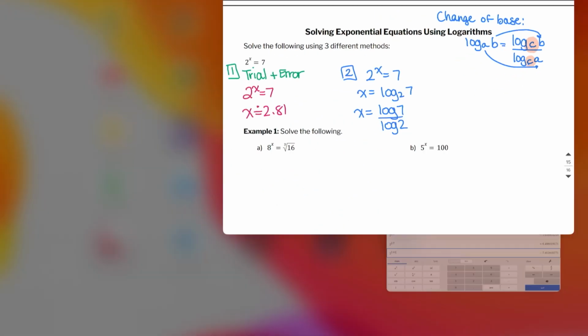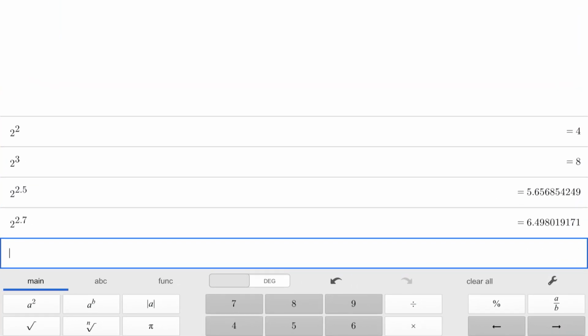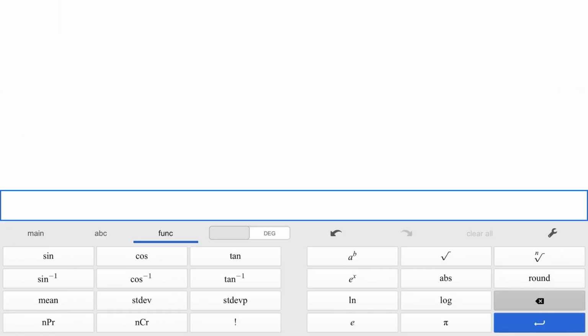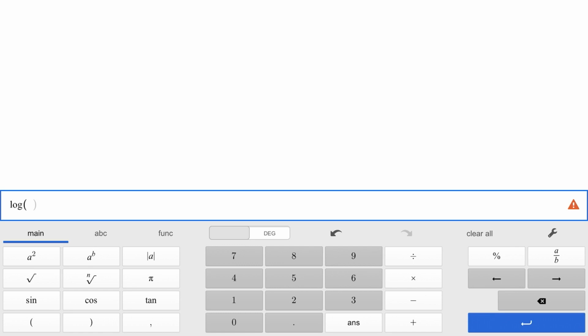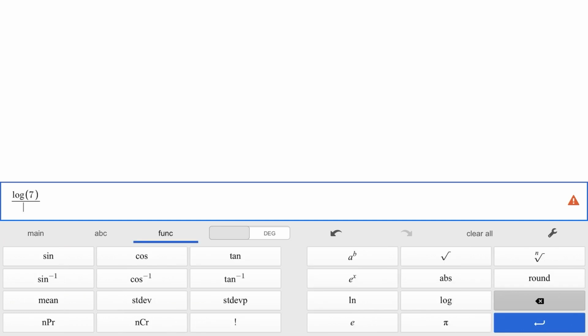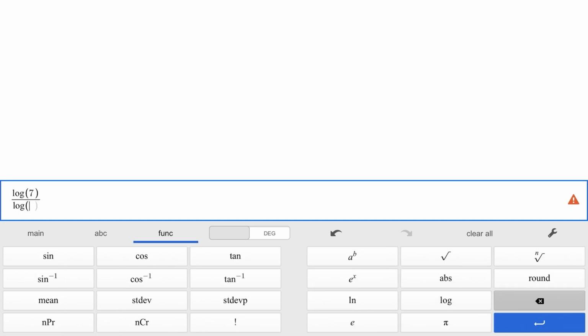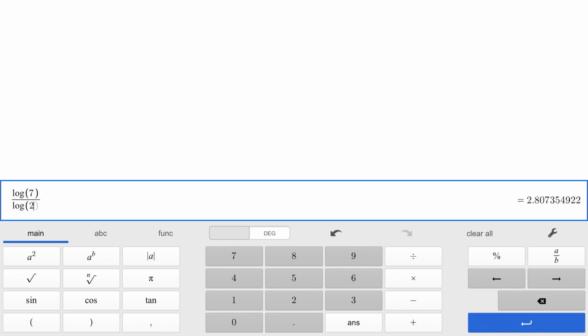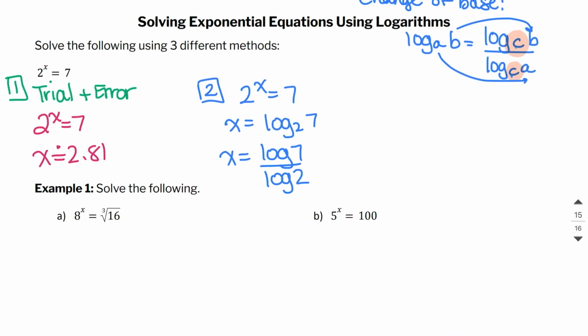We only use the change of base formula if we don't have that option. In my calculator I don't have that option. If I try to do log, it doesn't give me any options for bases, so it's automatically assumed to be base 10. So I'm going to do log of 7 divided by log of 2. This gives me my answer, which is approximately 2.81.